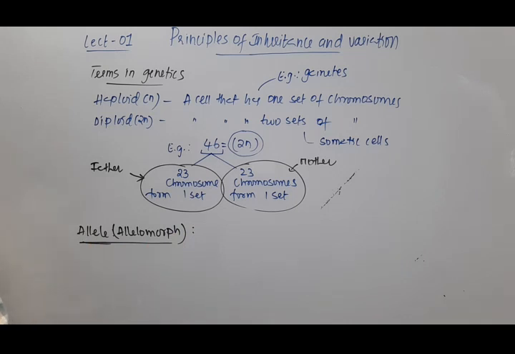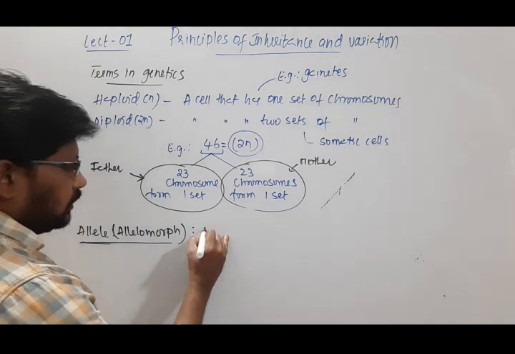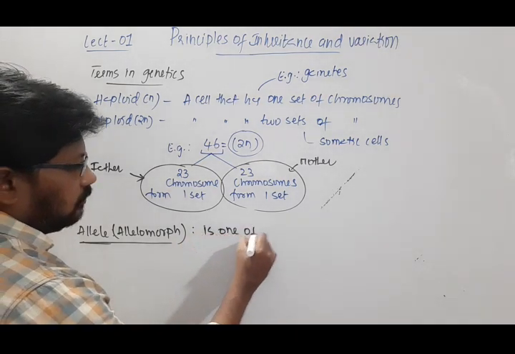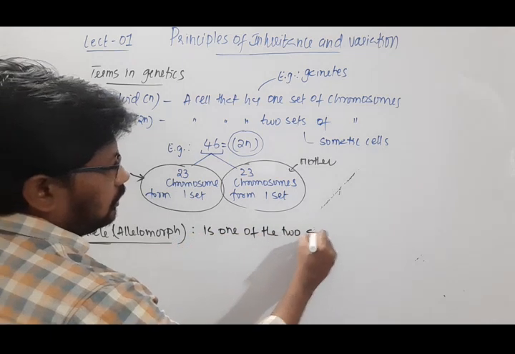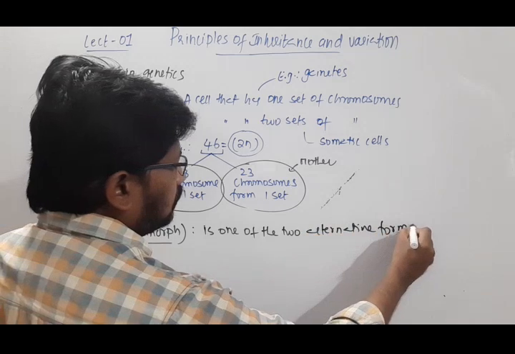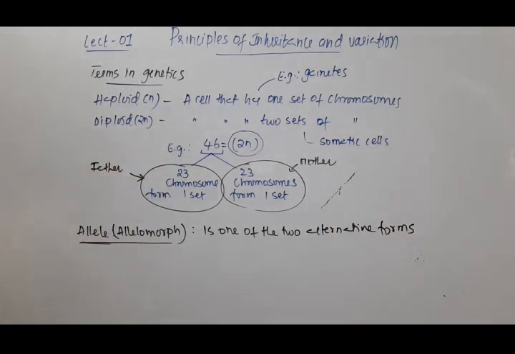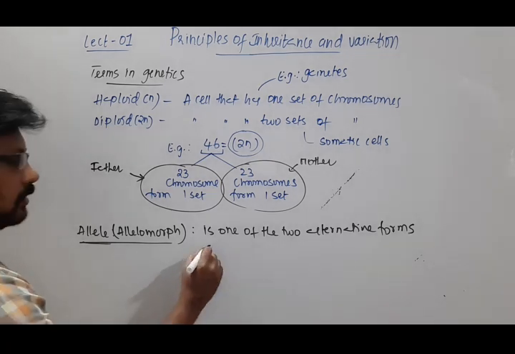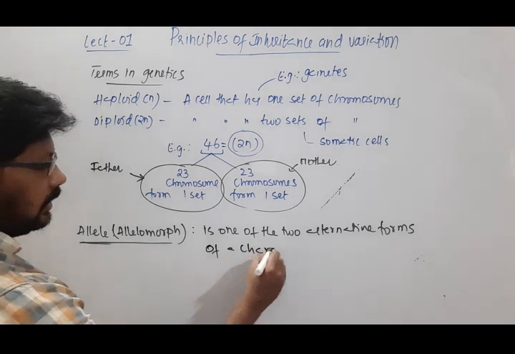An allele is one of the two alternative forms of a character.